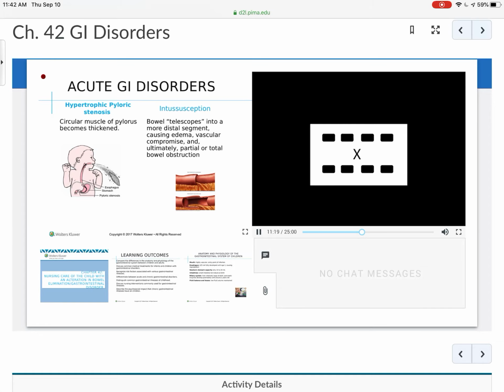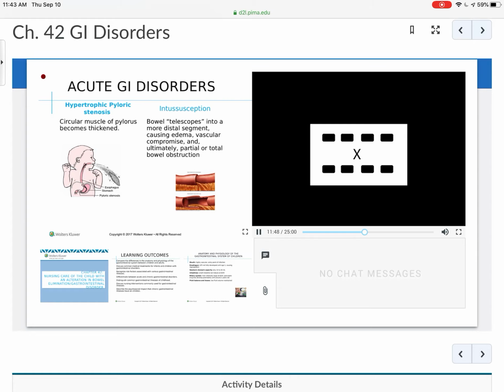We're going to go over a couple of the acute GI disorders that are more commonly seen. So hypertrophic pyloric stenosis. Basically what that is, is just a thickening of that circular muscle of the pylorus. And so when that is narrowed, there's an obstruction of food going in. Some of the signs and symptoms are projectile vomiting.